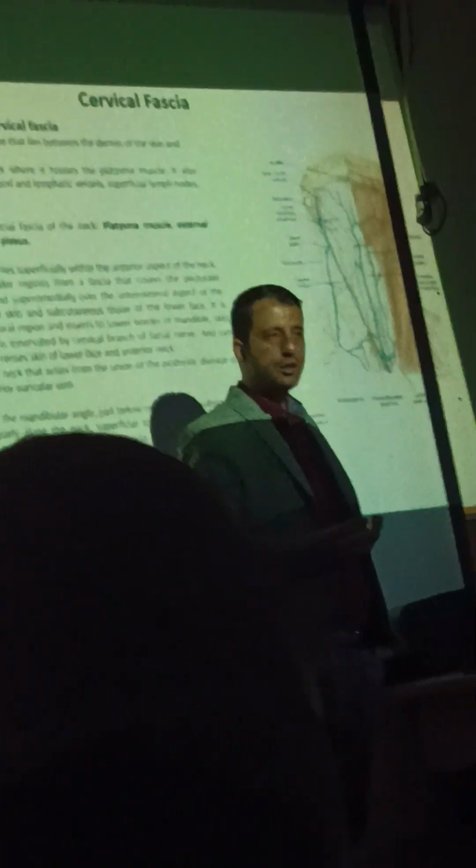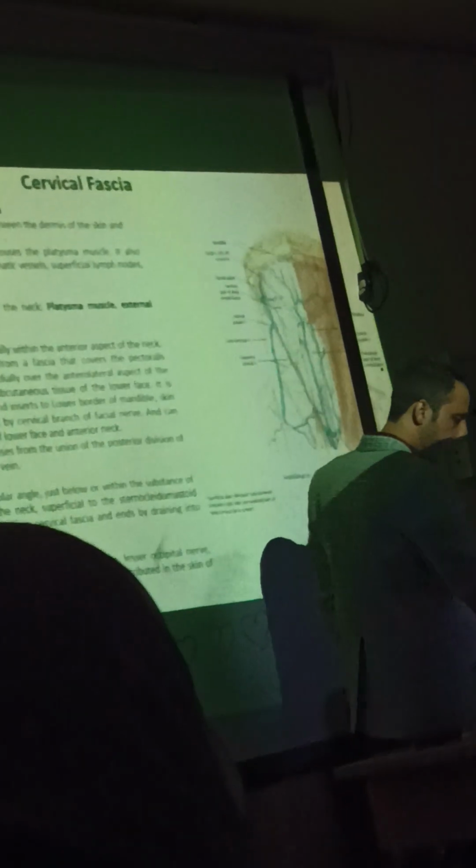If you look at a grandmother or grandfather, the skin in this area is very loose and wrinkled because of the non-functioning of the platysma muscle. The platysma muscle is innervated by the cervical branch of the facial nerve. Facial nerve is cranial nerve number 7.